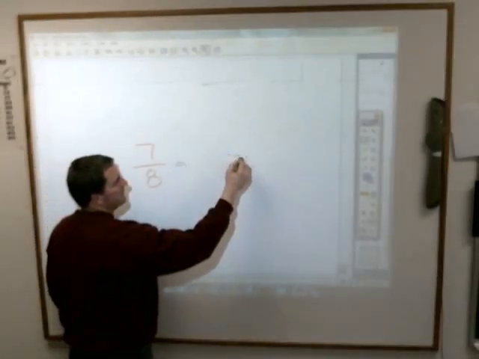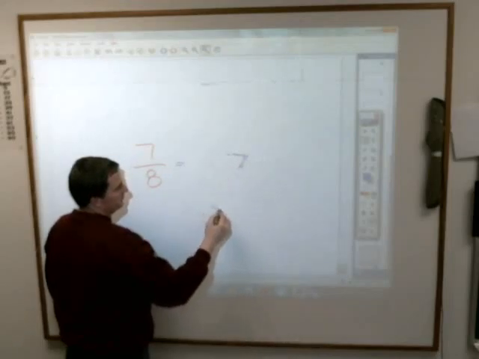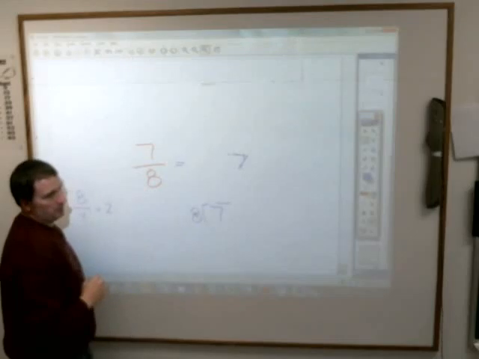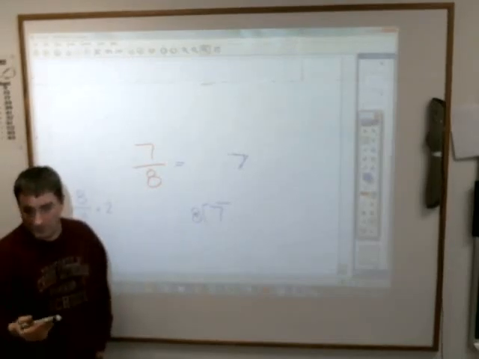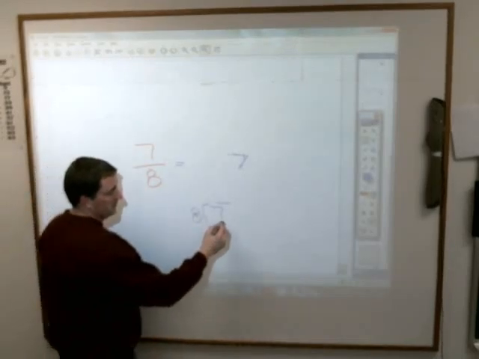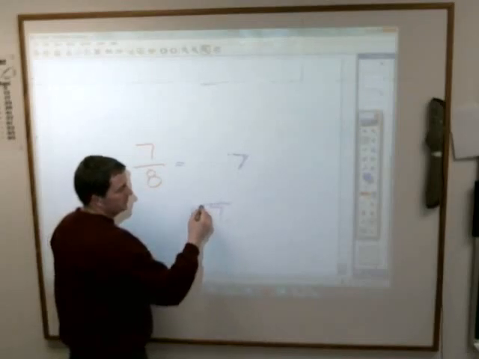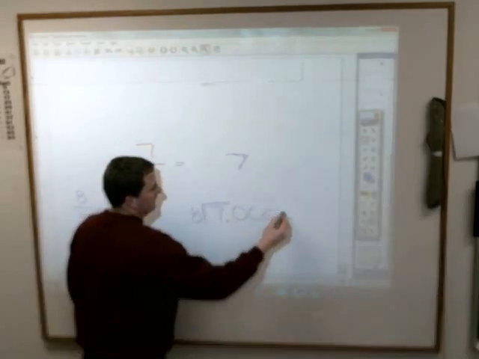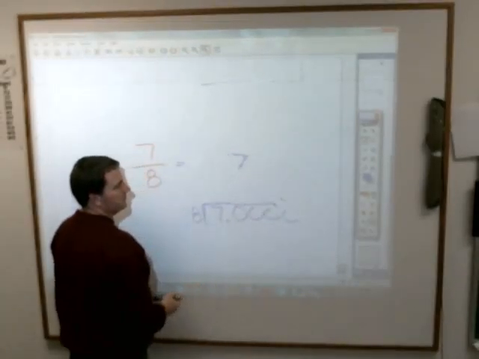In other words, it is 7 divided by 8. That's why you get a decimal for an answer, because it doesn't go in evenly. You put a decimal after 7, and you just start doing your division until it works out. Add zeros, as many zeros as it takes to work out or start repeating.